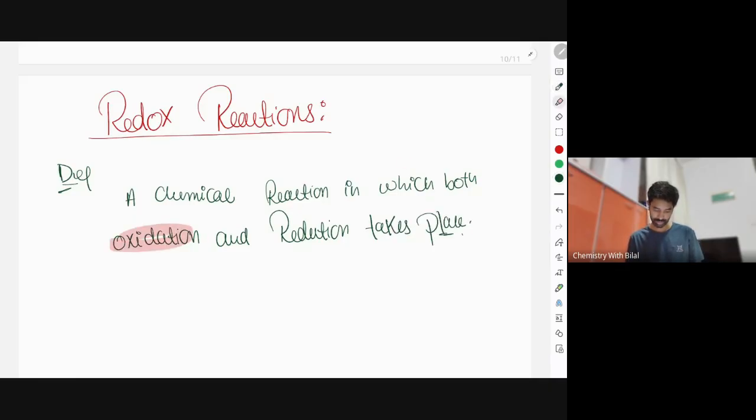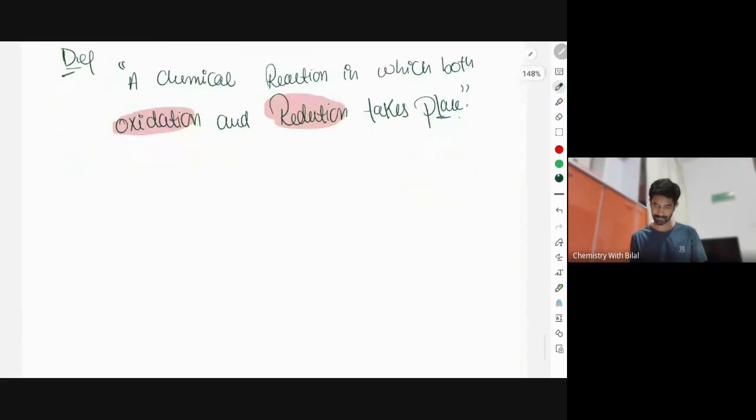Now, what is oxidation and what is reduction? This is important. A redox reaction is one in which oxidation and reduction happen simultaneously. So what is oxidation, boys and girls?